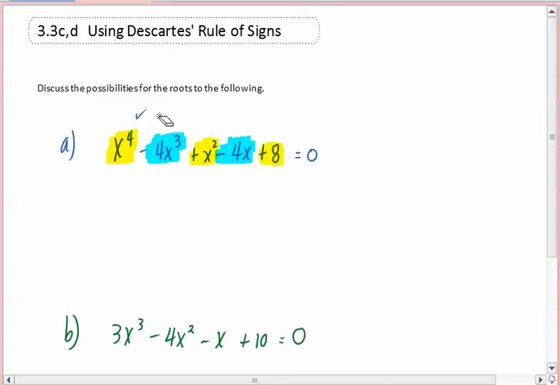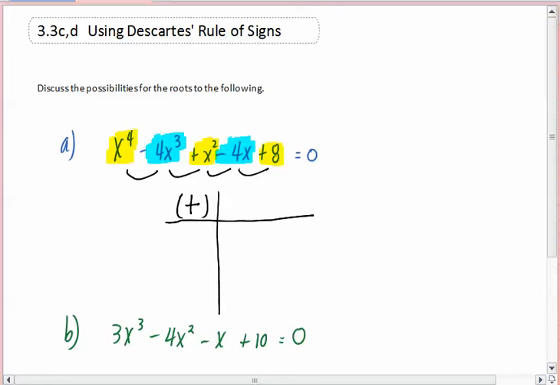then the number of sign changes, there's 1, 2, 3, 4 sign changes. The number of sign changes is the number of possible positive real roots, or less than that by an even number. So here's what I just found.